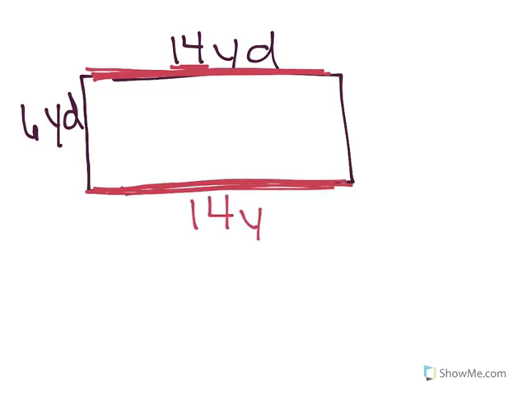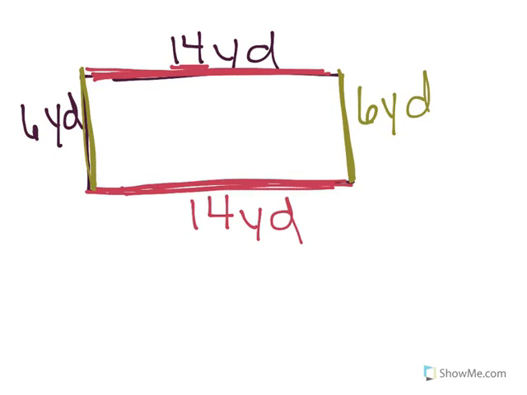So I'm going to add 14 yards. And same thing with if the left side is 6 yards, well, the opposite side must be the same length. So this one must be 6 yards. So that's kind of how you find missing numbers when you're given a rectangle.